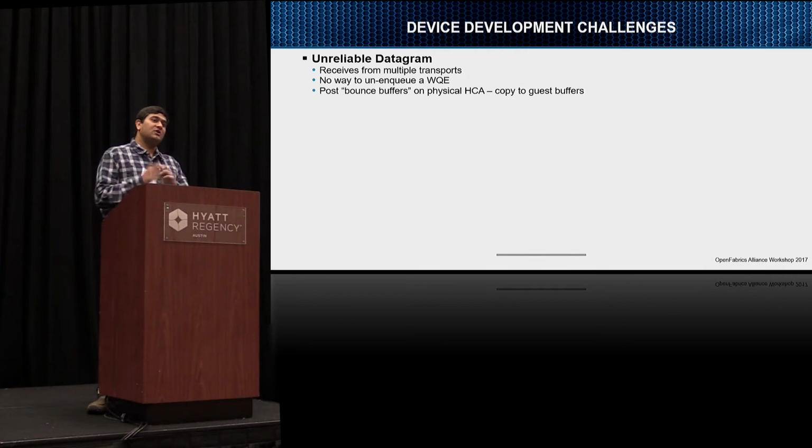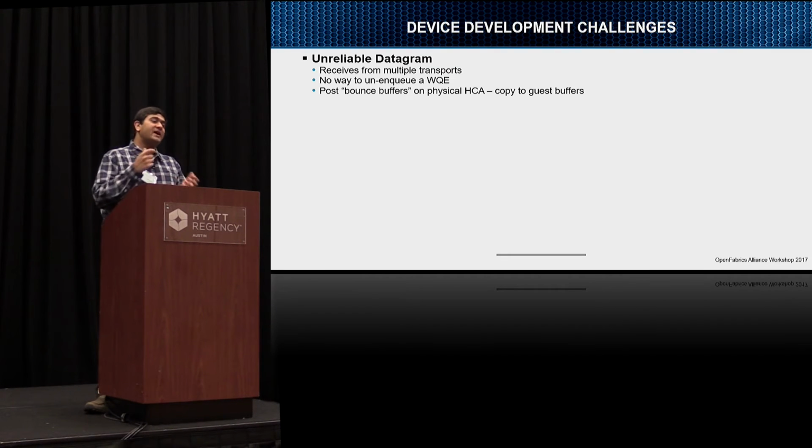So our workaround was to have bounce buffers posted to the HCA, which means that we enqueue a set of buffers which are mapped to memory different from guest memory, and let the HCA complete your UD work request in those buffers itself. Once we get a completion that the work request has been completed, we copy out from the bounce buffers back into the actual guest memory to complete the actual guest work request.